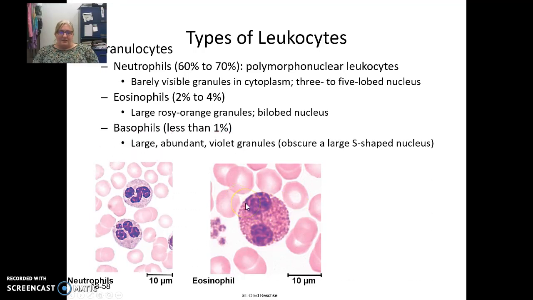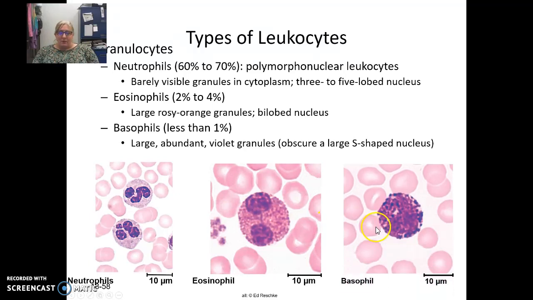And then we have our basophils. These are the least common of all of our white blood cells. And the basophils, their nucleus is really hard to see. Their nucleus tends to look S-shaped. You can hardly tell, though, because of all of the granules inside that basically cover the entire internal region.